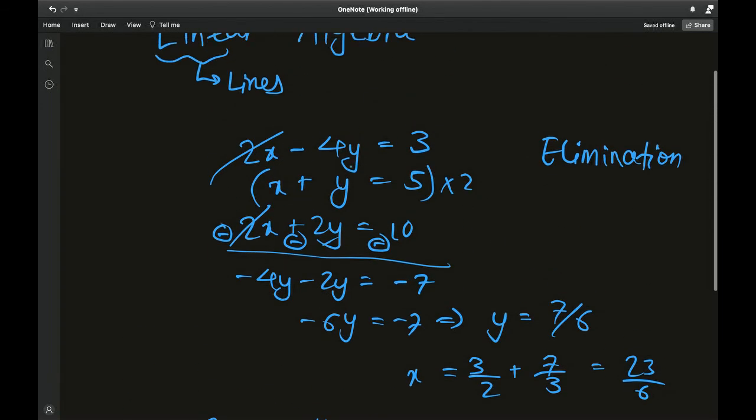This was for, say, 2 equations with 2 variables or 2 unknowns.